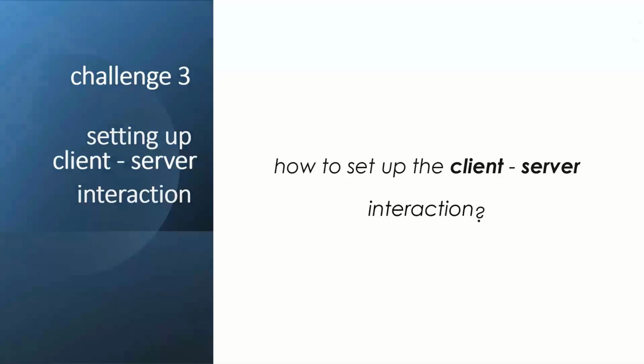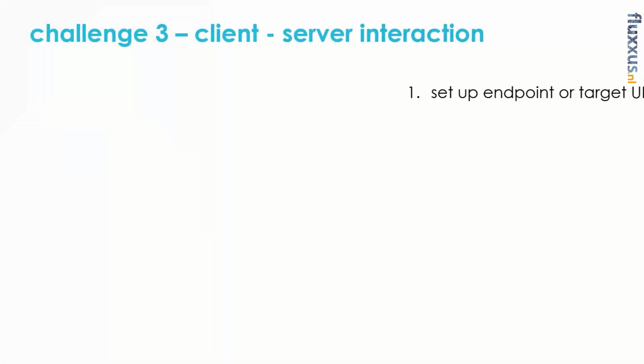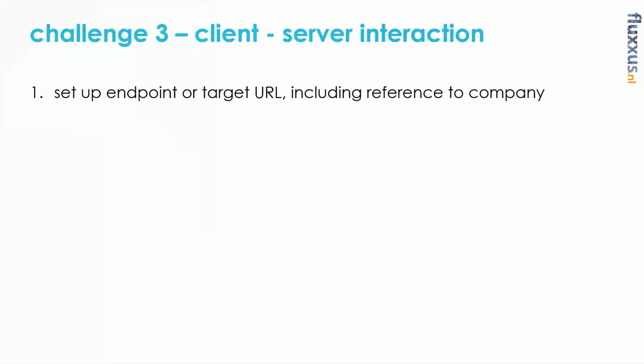But what is nice is that Microsoft has built up a test library with a lot of things. For this client-server interaction, of course, we need to have access to the endpoint, we need to set up a target URL, including a reference to the company we're going to, let's say, read data from, or post a new record to, or patch changes, whatever.